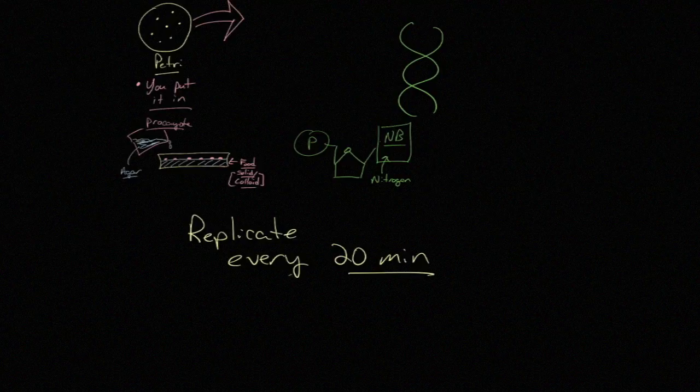So in 20 minutes, you're going to get a new set of DNA. Where's it going to get the nitrogen to make new DNA? The food. It's going to get the nitrogen from the petri dish, from the agar, the nitrogen that you put in the agar. That's going to be very important. So let's take a look.